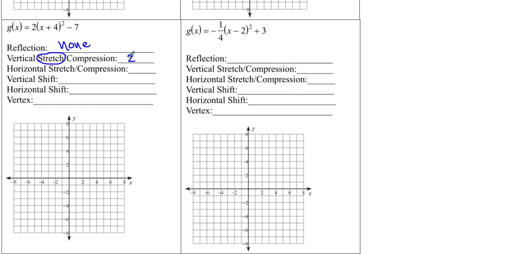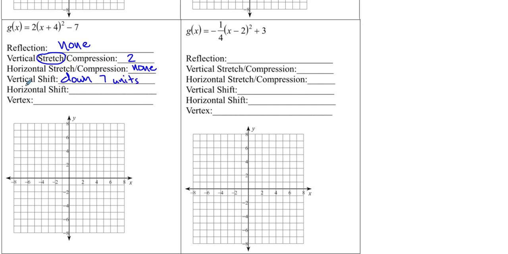The value is as is. Okay, and then if we look inside, is there a value in front of the X? There is not, so we do not have a horizontal here. Okay, and then vertical shift. Okay, yes, we do have a vertical shift. We have a K value out here, so we're going to go down 7 units.